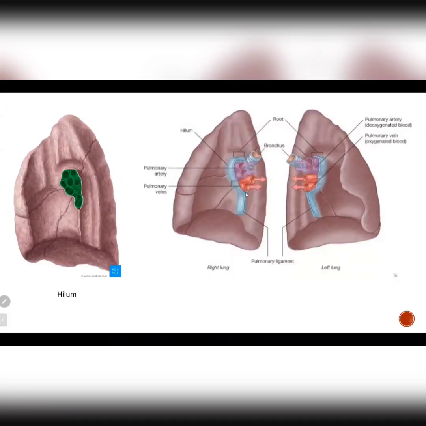The function of pulmonary ligament is just that it provides a potential space for expansion of pulmonary veins. Please learn the features of pulmonary ligament. There's just 1 or 2 sentences in your textbook, but learn it thoroughly. Keep the term pulmonary ligament as an important fact in your mind.